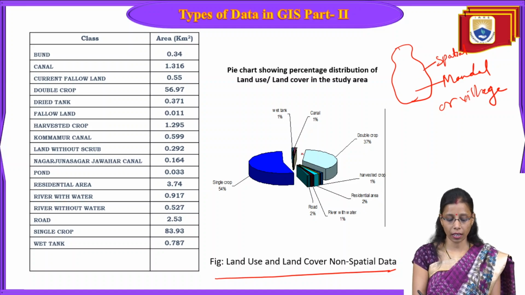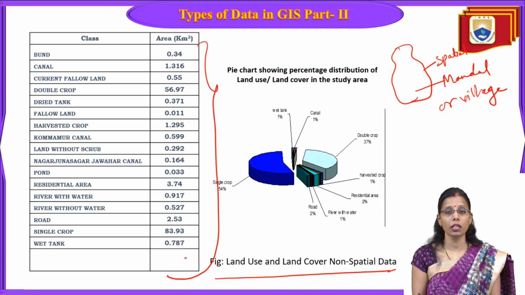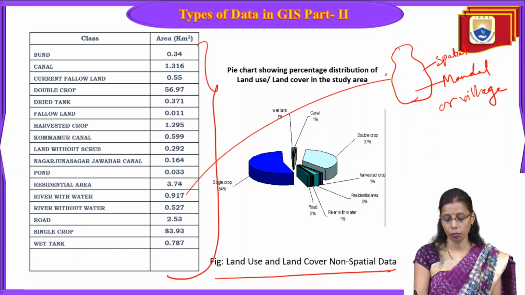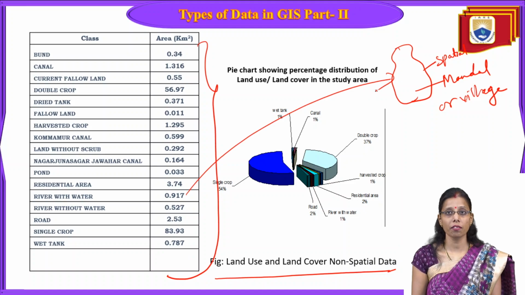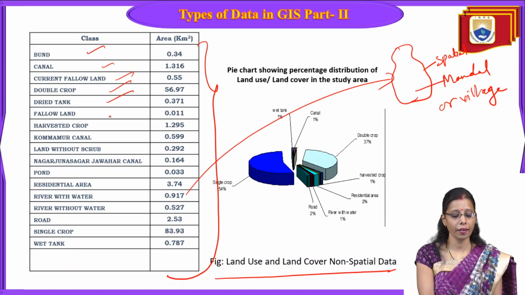Now to this boundary I have assigned all this information: land use and land cover. So what are the land use and land cover? Here we have bund, canal, fallow land, double crop, dry tank, harvested crop, land without scrub, pond, residential areas.